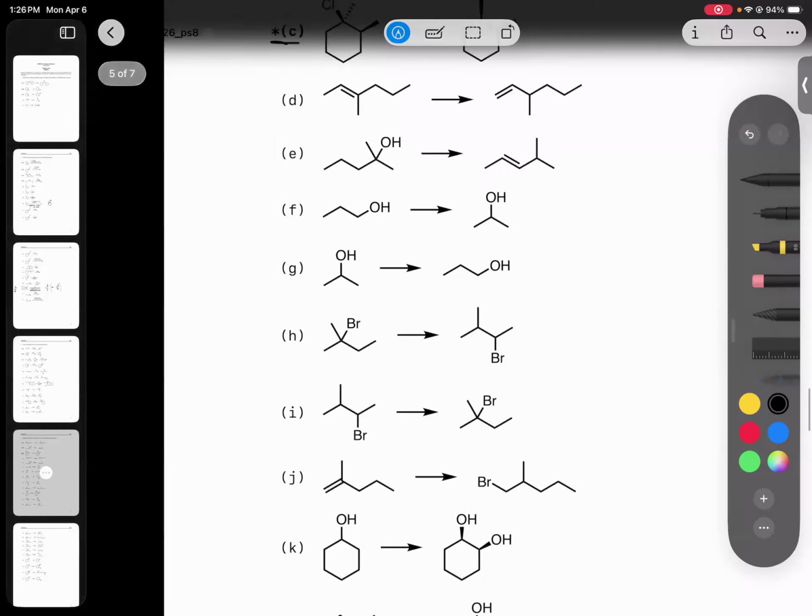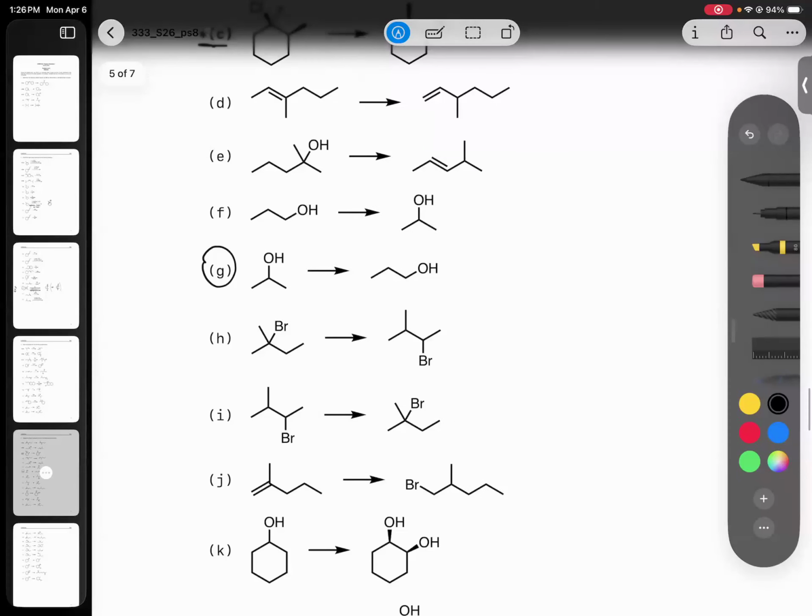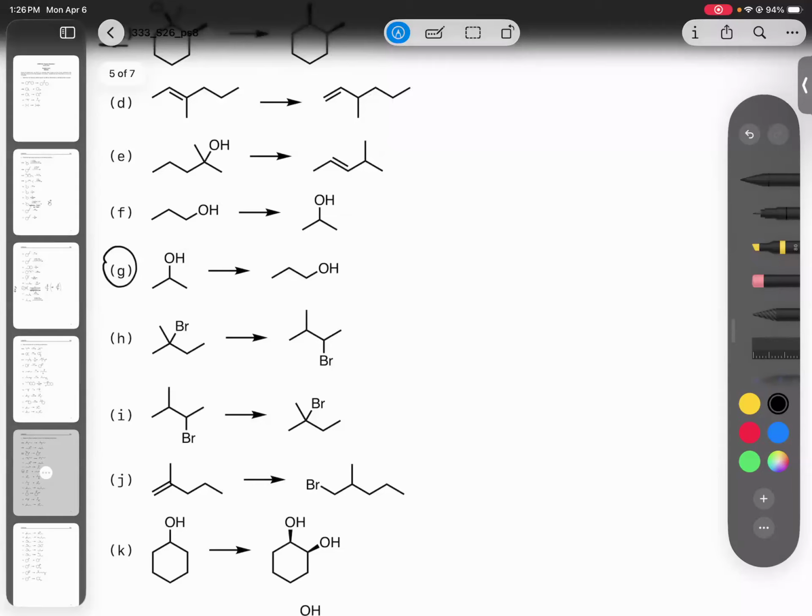Let's do one of these where we remove the alcohol. Okay. So if we're changing the position of a halogen or an OH, we need to do elimination and then addition.